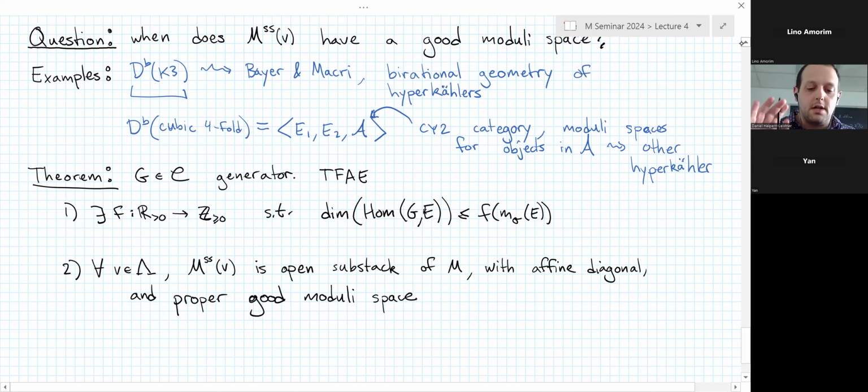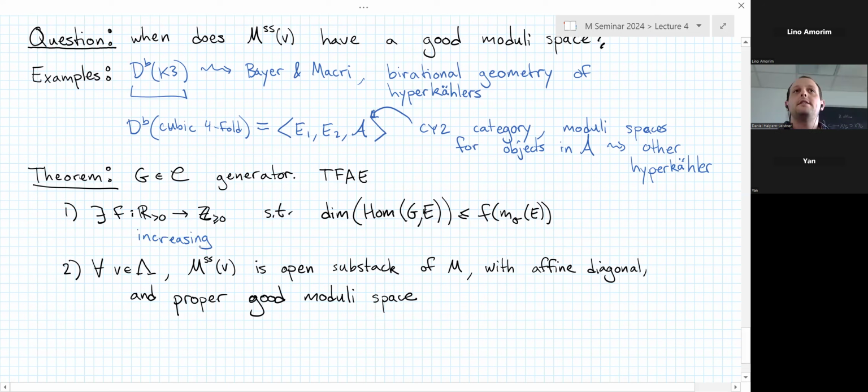maybe it's not surprising. If you have a smooth and proper category and you have a generator, then the following are equivalent. There exists some function that allows you to upper bound the Homs, and that function only depends on the masses, I guess this should be an increasing function.